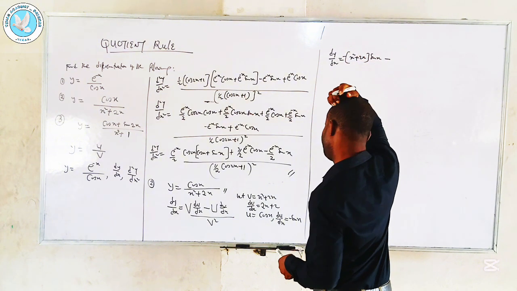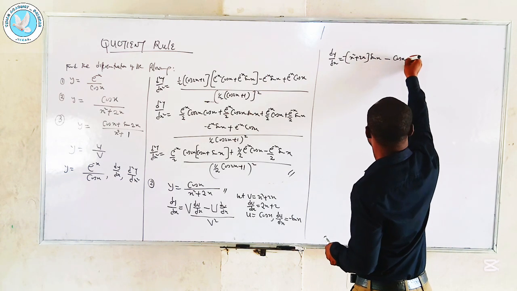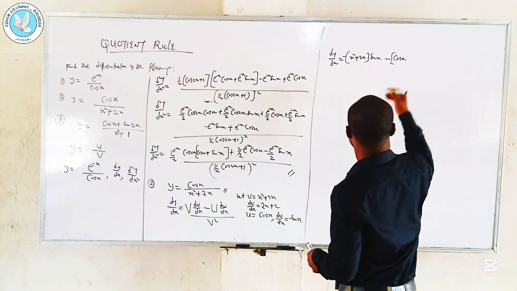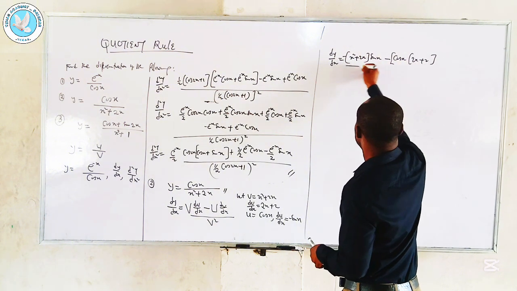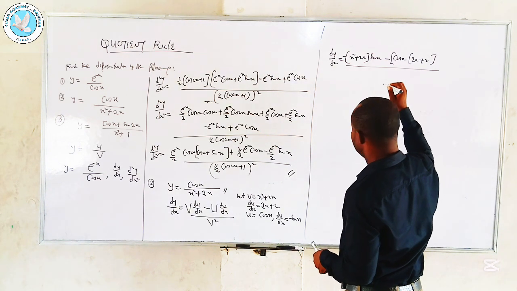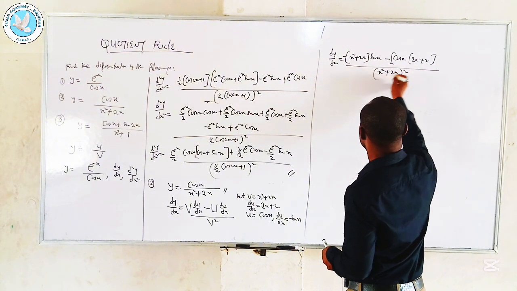So minus u, which is cos x, multiplied by dv. dv is 2 plus this. So divide the whole thing by v squared.